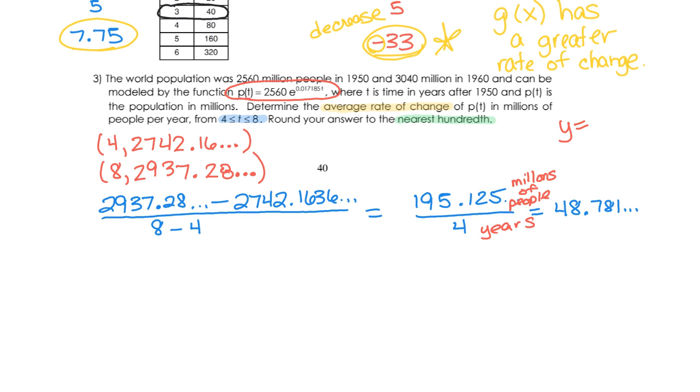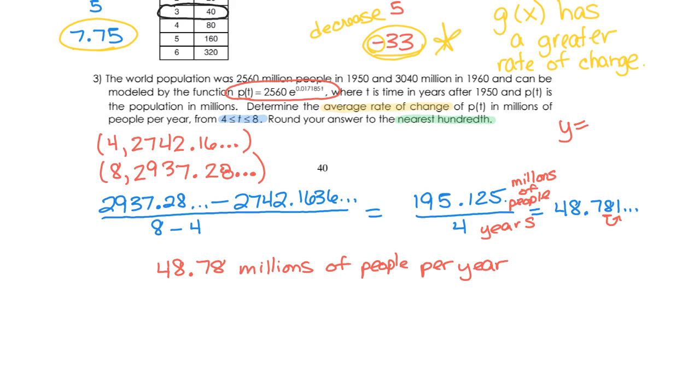Okay, and so our answer to the nearest hundredth, we're going to round the 8, but we have to look at the 1. And so we're going to go ahead and say 48.78 millions of people per year.